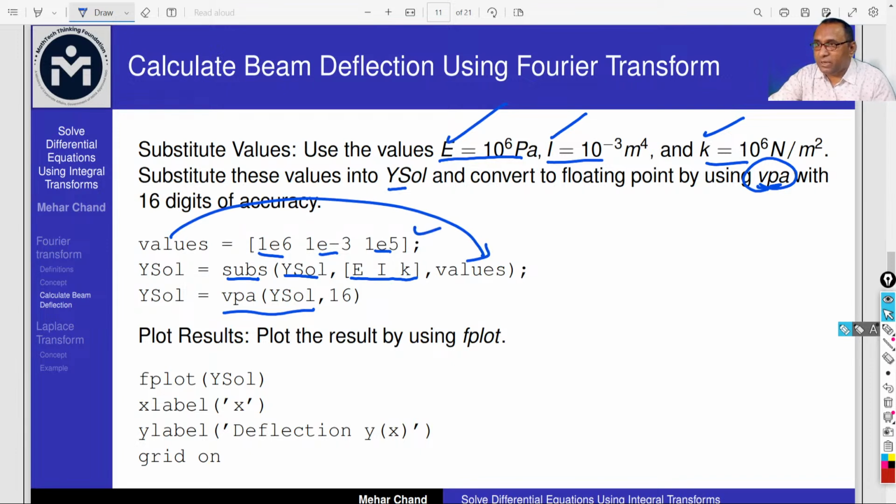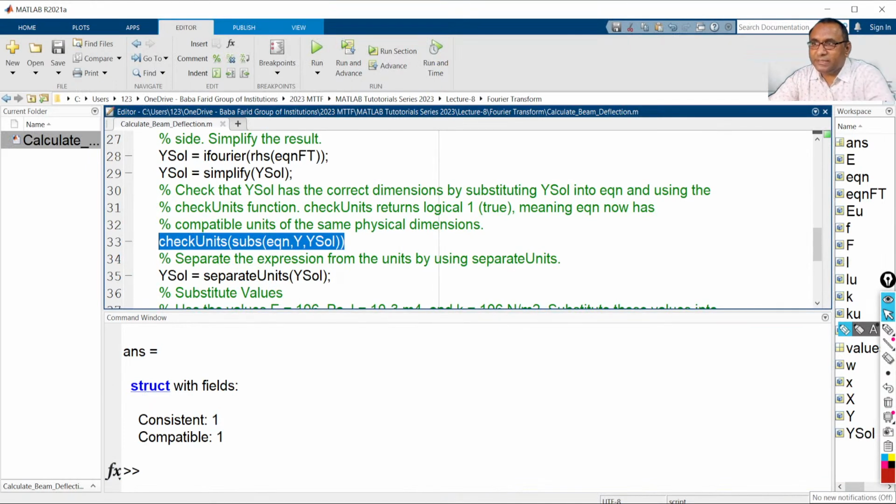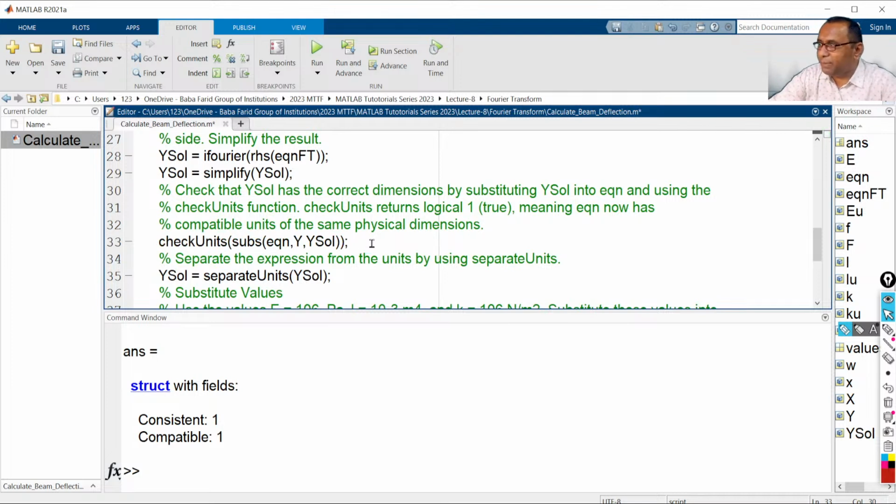We are using the subs function here to assign the particular values of E, I, and then y solution is equal to VPA of y solution, and this will return the solution up to 16 digit decimal places. See in MATLAB. So first we need to use the semicolon at its place. We are using the semicolon here. Okay.